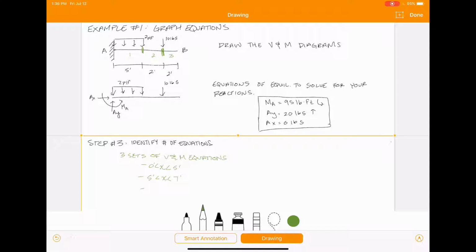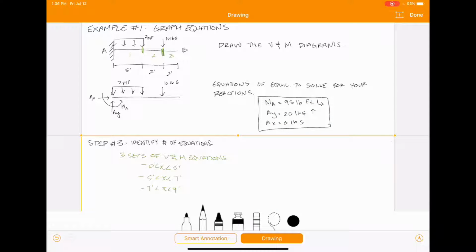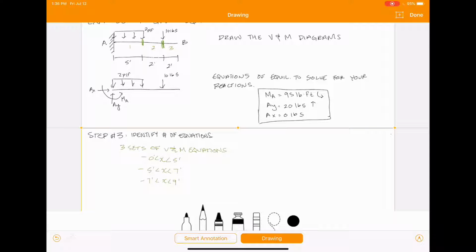And then finally, our last set of equations is going to be for when x is between 7 feet and 9 feet. So now that we have the number of equations and what those are going to be identified, we can go ahead and start solving for our shear and moment equations.